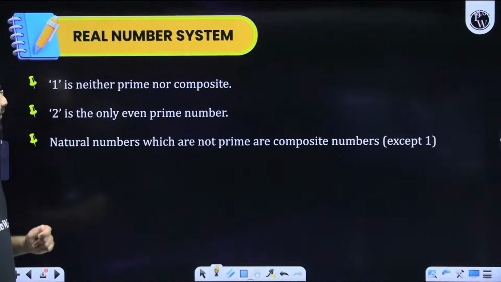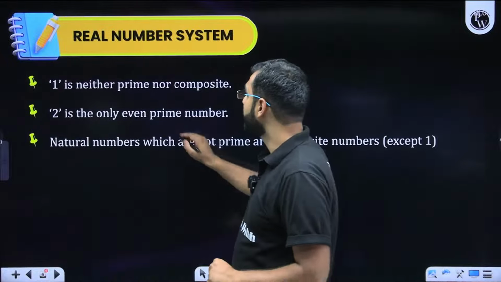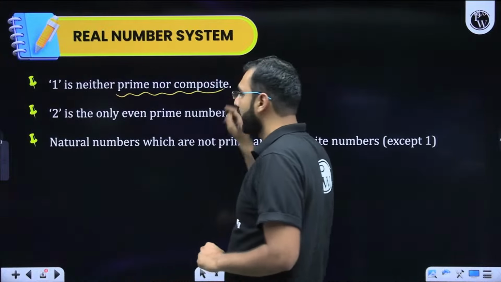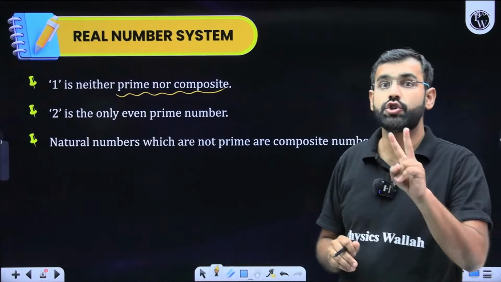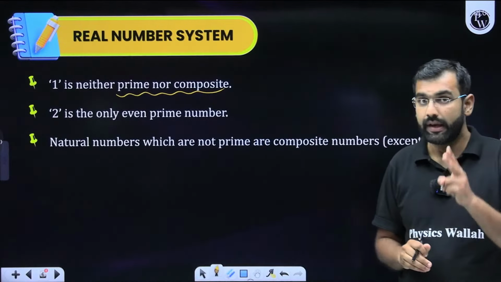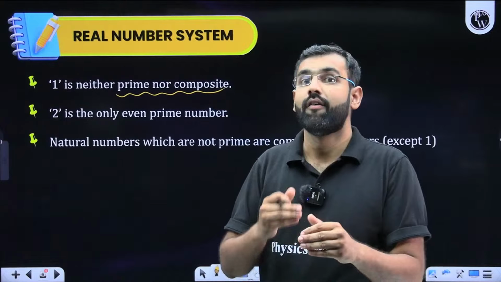Now here, when we go ahead, a few more minute details. We all know that one is neither prime nor composite. Why? Because if I wish to call a number a prime number, then this number should have exactly two distinct factors, not roots.